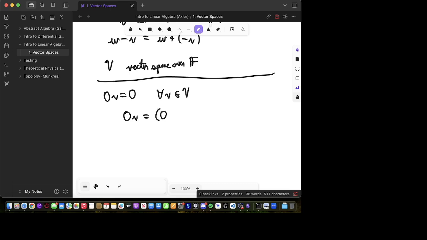So just pretend we're working in real or complex numbers. And by the distributive property that we mentioned before, we can distribute the V. So we have 0V plus 0V. So if we cut out the middleman, we have 0V equals 0V plus 0V. If we subtract 0V from both, we get 0 equals 0V, which is what we wanted to prove.